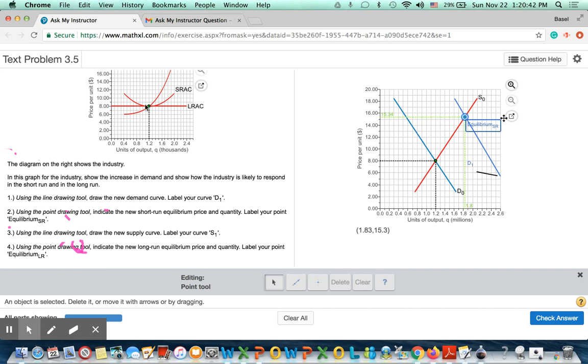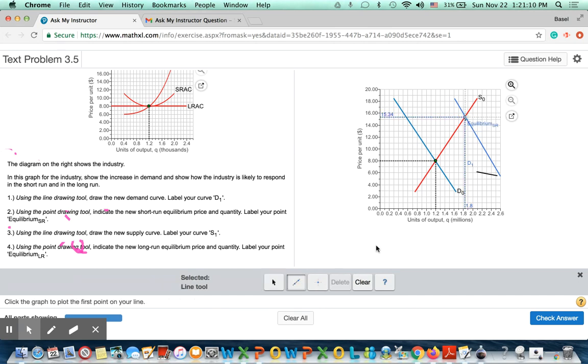And because we have constant returns to scale, the short run average total cost is equal to the long run average total cost. So they're trying to simplify the example. All right, so supply will shift to the right in a way that we settle at the same equilibrium price like before, which is 8.